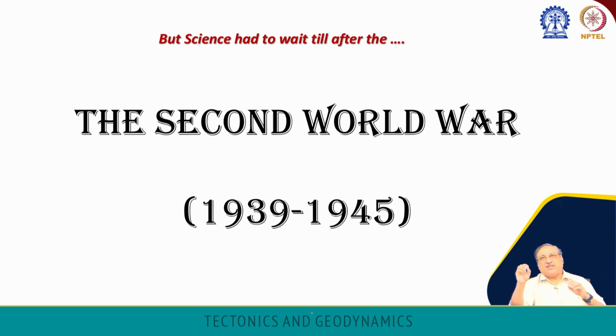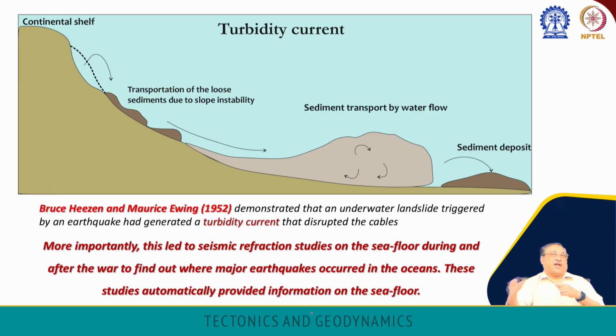Now, it stopped science communication and limited science publications, but it didn't actually limit scientific discoveries, because many of the technological advancements that happened during the Second World War were instrumental in giving us all this knowledge in the post-war period. So at this time, immediately after the war, it was then realized there was a project given to what's called the Lamont Doherty Institute, linked to Columbia University in the USA.